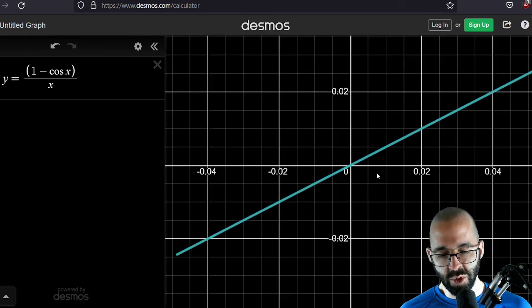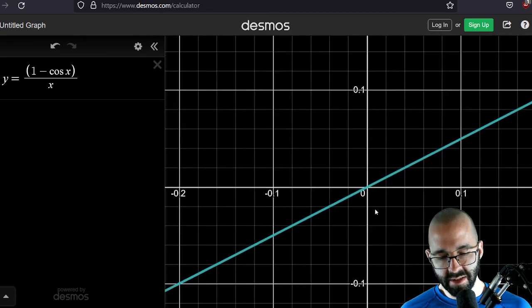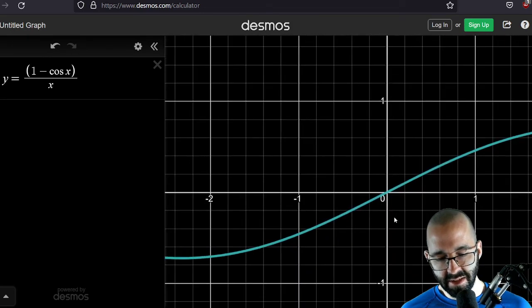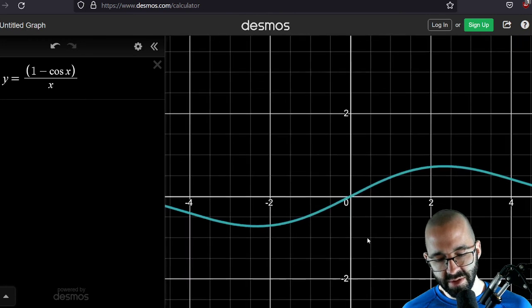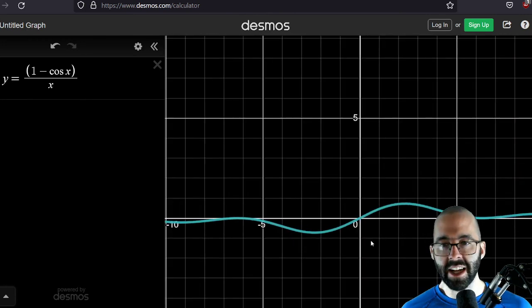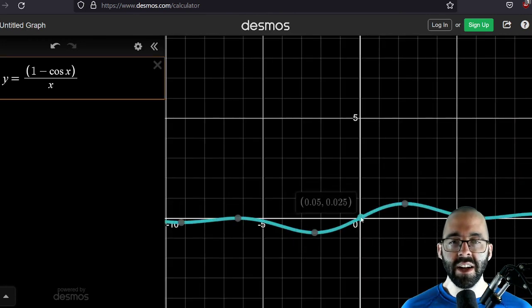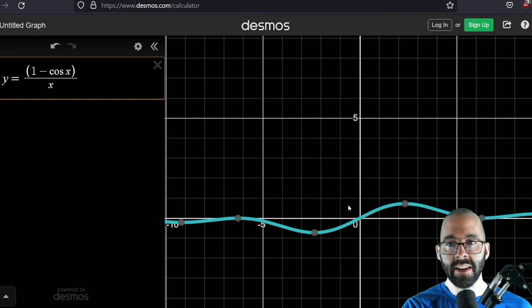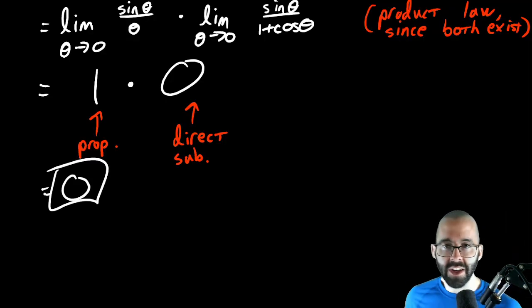Sorry, I'm really zoomed in from before. There we go. This is what this function's actually doing. It's not defined at 0, but you can see that it does get very close to 0 from both sides. All right, and that is one way of evaluating it.